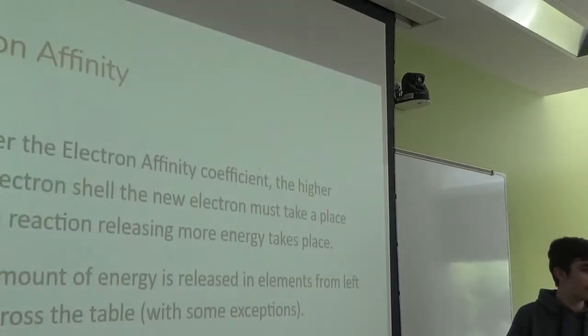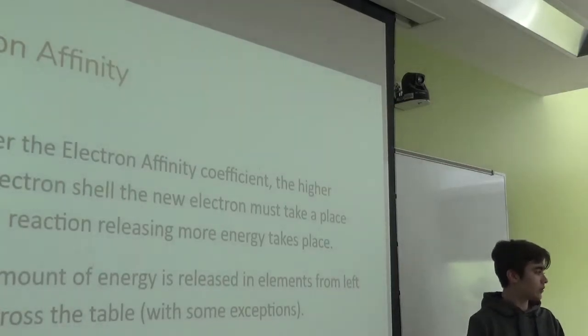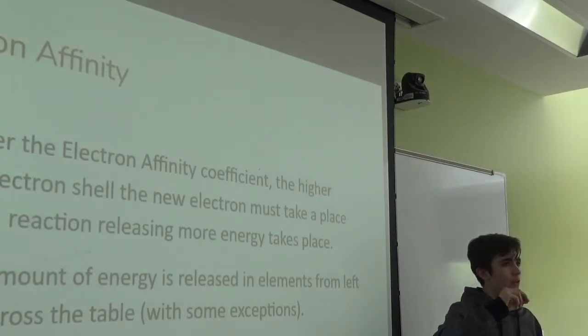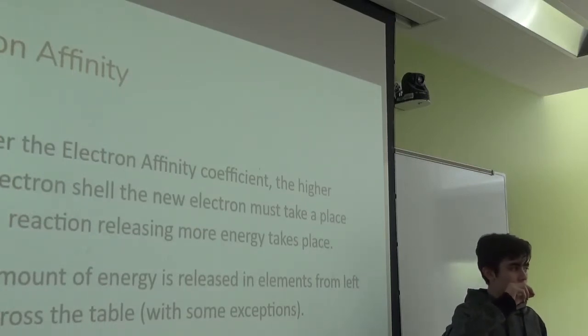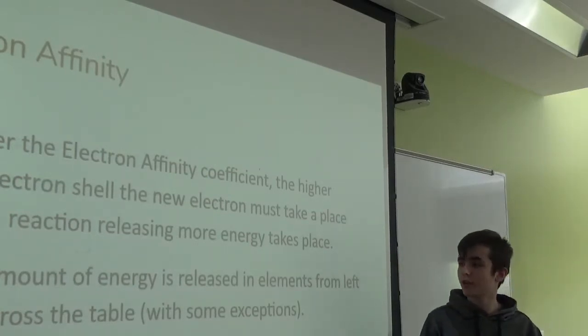The larger the electron affinity coefficient to the right of the periodic table, the higher energy electron shell the new electron must take a place in. In the noble gases the P shell is completely filled, so it'll go to the next S shell. Thus a reaction releasing more energy takes place.